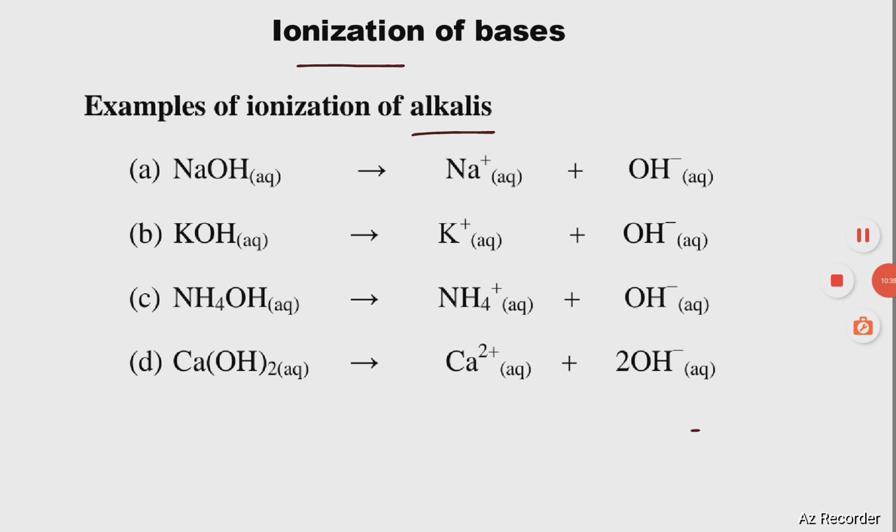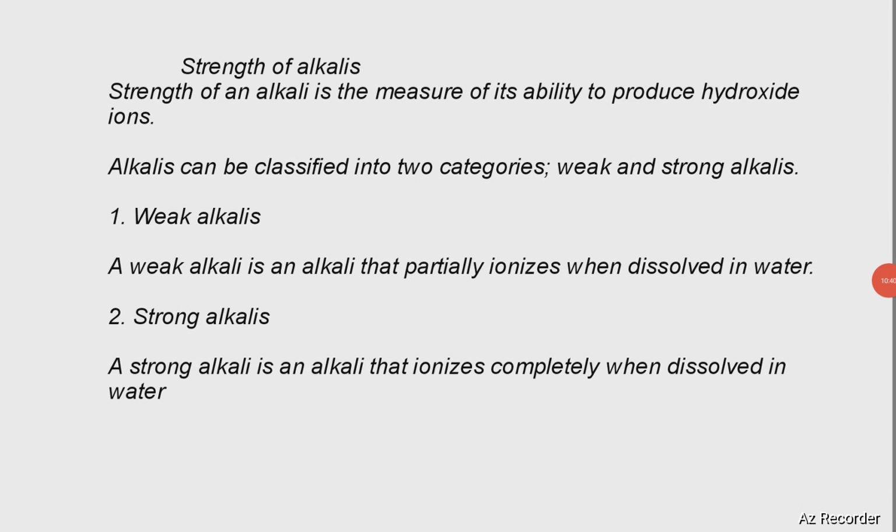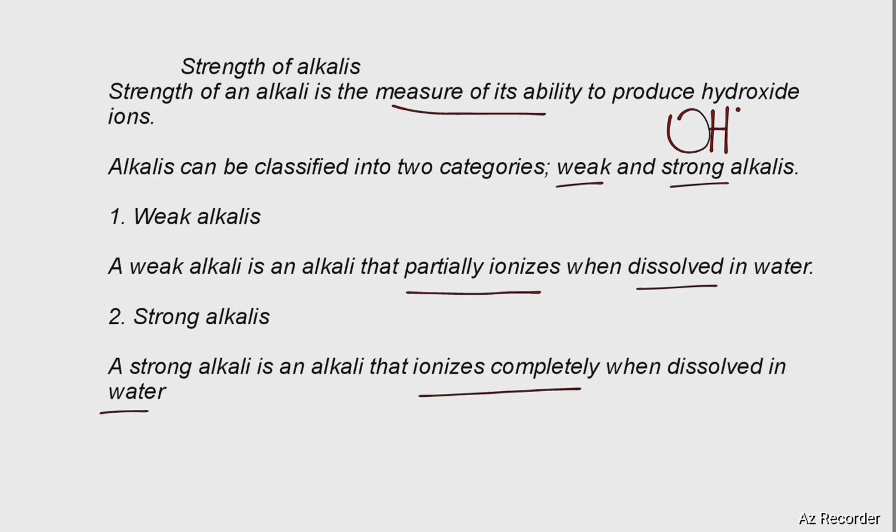So just like we looked at strength of acids, we also discussed strength of alkalis. The strength of an alkali is simply the measure of its ability to produce the hydroxide ions. Alkalis are classified into weak and strong. Weak alkalis partially ionize when dissolved in water, while strong alkalis completely ionize when dissolved in water. And let's look at examples for these.